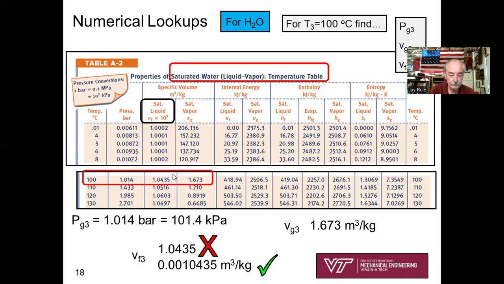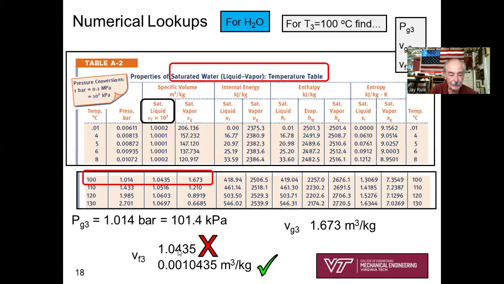We're assigned also to write down VF3 and VG3. Let's work on VF first. In other words, the specific volume of saturated liquid. Let's look at that column heading, VF times 10 to the cubed. So I don't write down 1.0435.